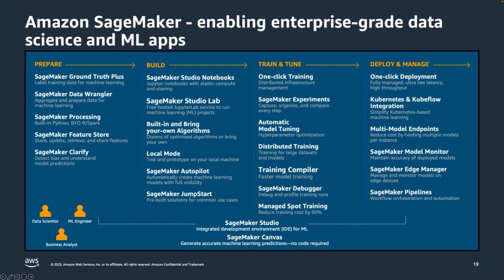Feature store, whether you're using SageMaker Feature Store or some third-party feature store, is a key part of connecting the data that you're using during training to the data you're receiving with your models in production.